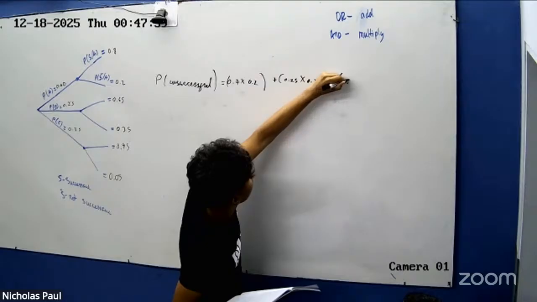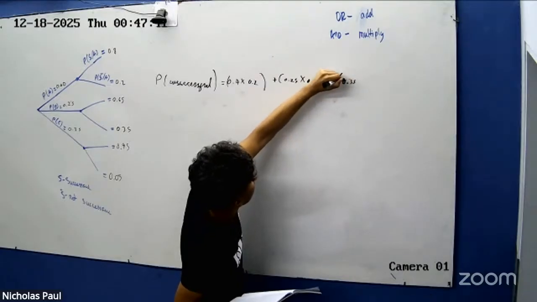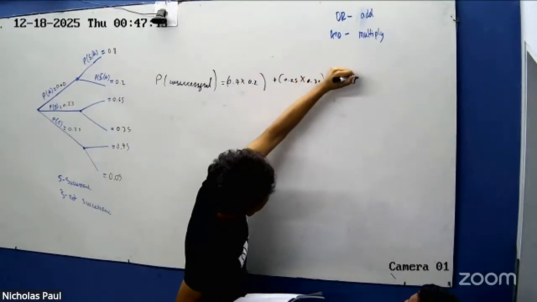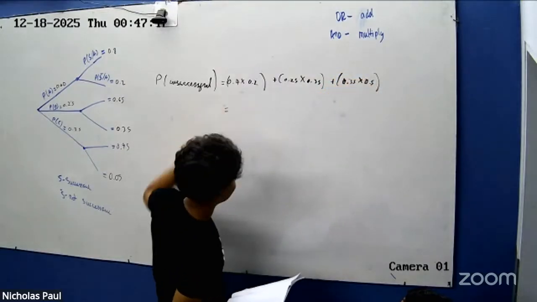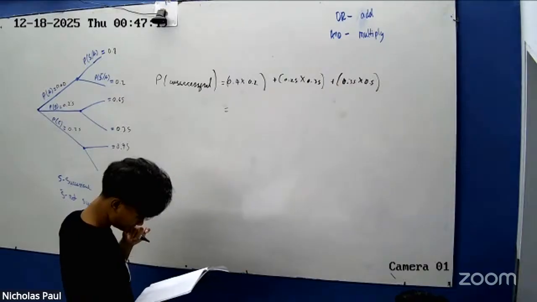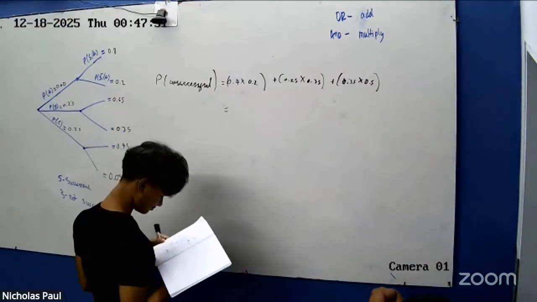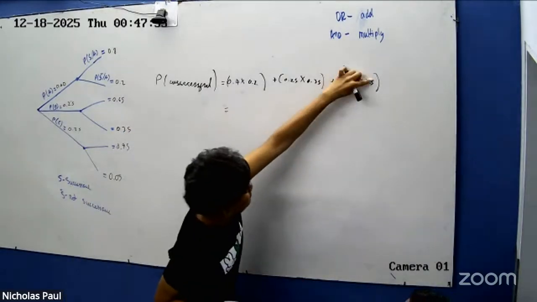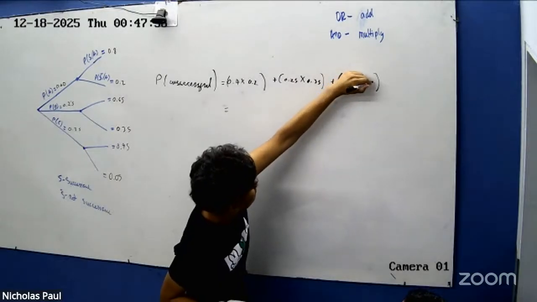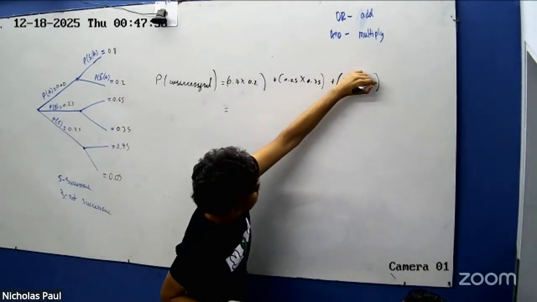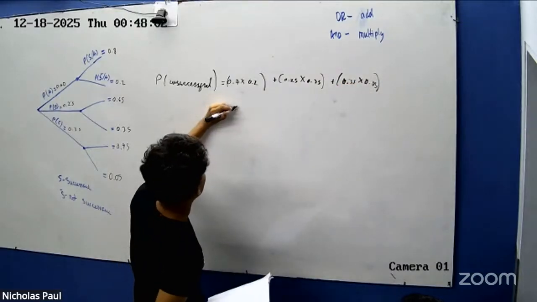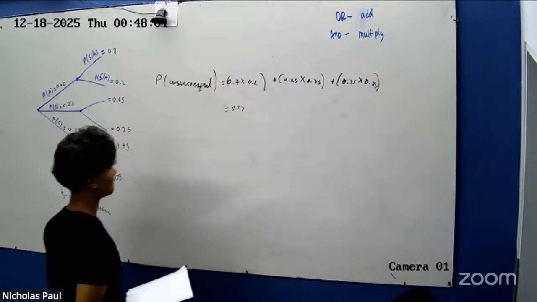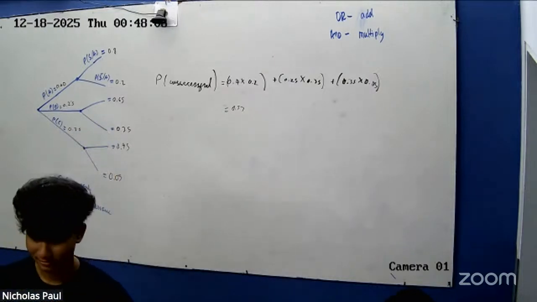And last one. 0.35 by 0.5 or 0.05. 0.05. Right. 0.57.